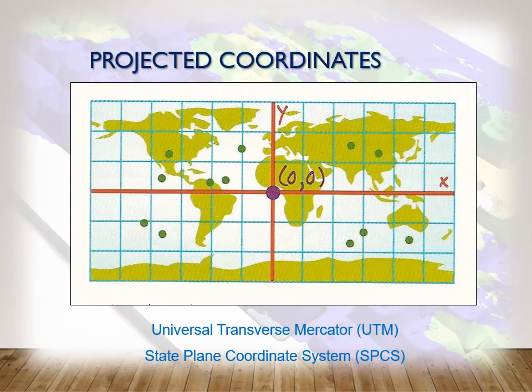So projections, we're taking something three-dimensional and we're creating a two-dimensional representation of that, and we use X and Y. The most common types of projections are UTM, Universal Transverse Mercator, and the State Plane Coordinate System. We'll talk about those in detail. Keep in mind, you might be thinking, well, geographic coordinate systems actually represent the Earth because they're in three dimensions, so how could a two-dimensional object be better than a three-dimensional object?